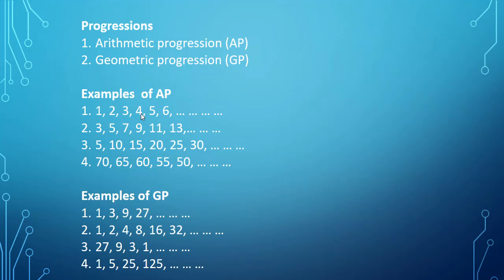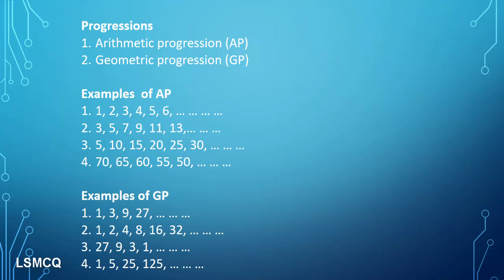The fourth term we get from the third term by adding 1, and so on. So the difference between these two numbers, either 2 and 1, or 3 and 2, or 4 and 3, or 5 and 4, it doesn't really matter. The difference of any two consecutive numbers in a series is called the common difference, and the next number in the series is obtained by adding that number to the series.